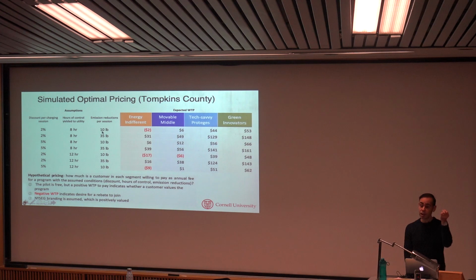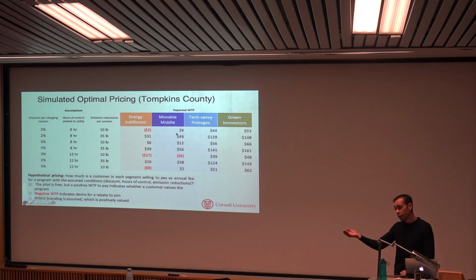Based on that, marginal willingness to pay is now total and non-marginal anymore. And for each segment, we can determine how much they value that specific program. We can see that the three greener segments, the movable middle, the tech-savvy proteges, and the green innovators, all value that program positively, so they would join because they have a positive willingness to pay in total for that program.